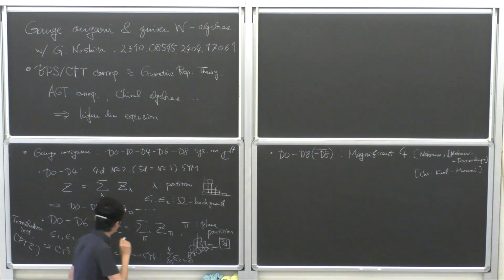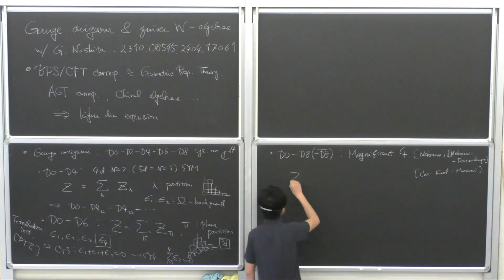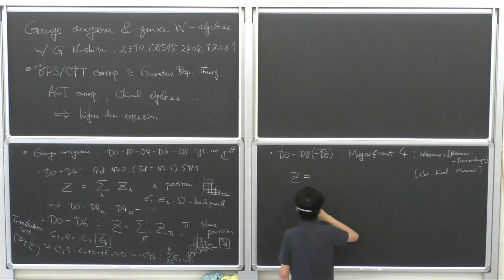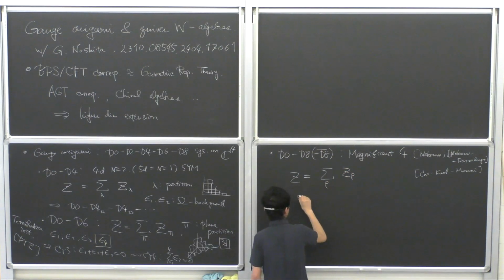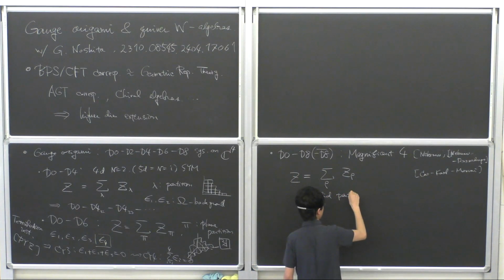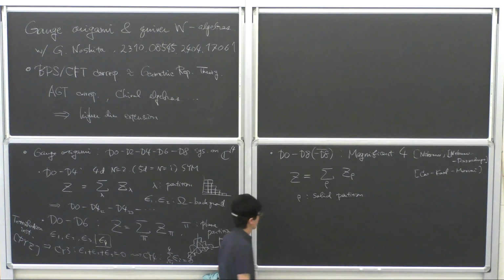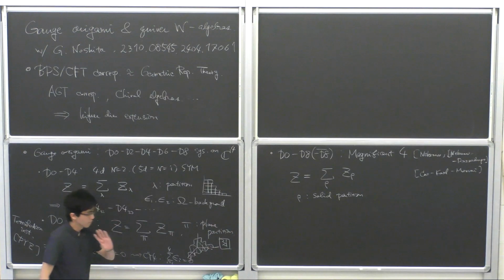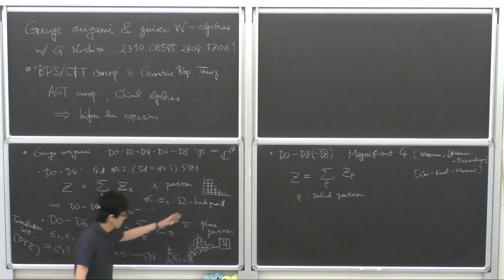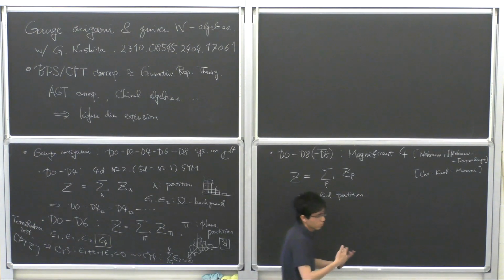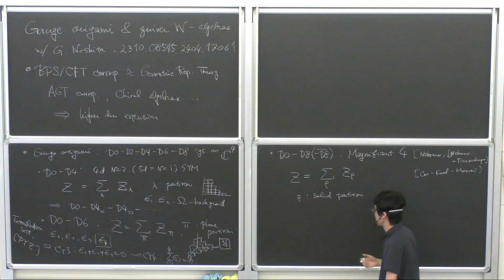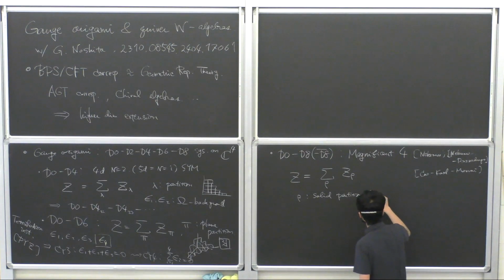And what does the partition function look like? Here rho is a so-called solid partition. A solid partition is actually the 4-dimensional generalization of the partition. Unfortunately, I cannot draw it, but this is the 4D partition.